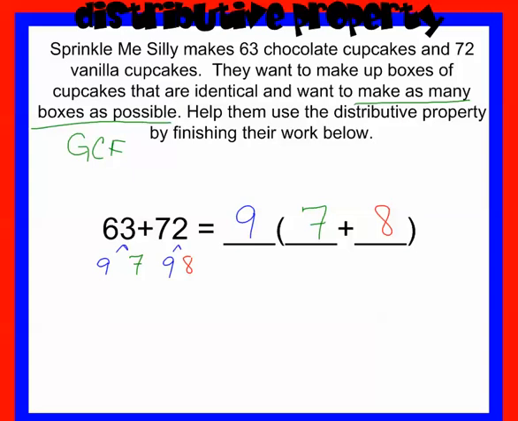Now the situation is represented with the distributive property. Now instead of saying 63 chocolate cupcakes and 72 vanilla cupcakes in the story, this number in parentheses is really the combination of cupcakes in the box.